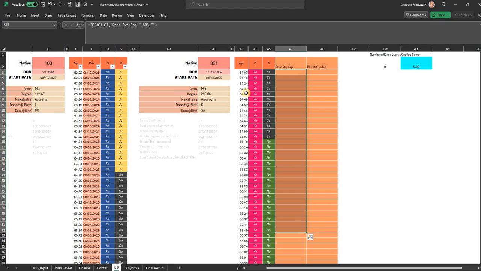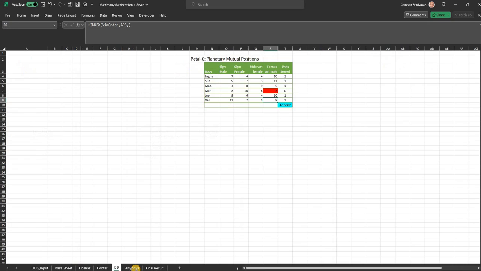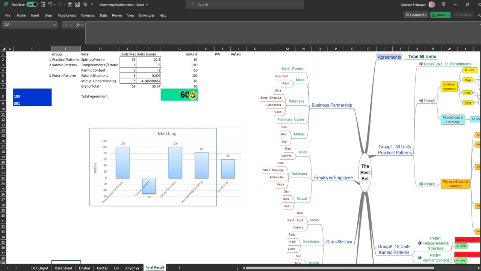Dasa-Bhukti, of course, she died one year back. She was running Saturn Bhukti, and unfortunately she passed away. There is also a 6-8 because of Mars, which you always have to be careful about. And the final result shows a very good percentage, though when the karmic content is bad, we should always be watchful, is my thinking.